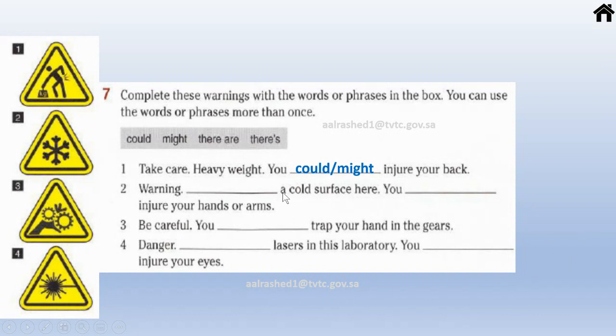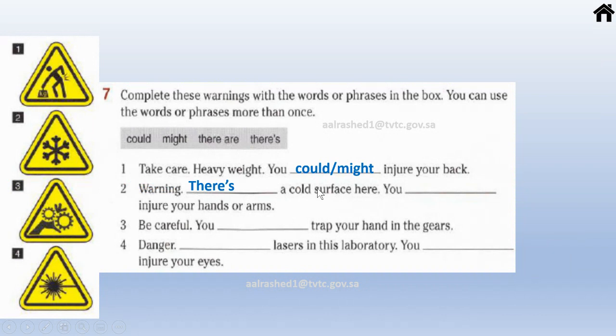Okay, we have called the adjective surface here. Okay, we have a singular. So we have there are, there's, there are, there's. Which one? There's, there is, هنالك, there is. Why? Because we are talking about a singular. There is a cold surface here.